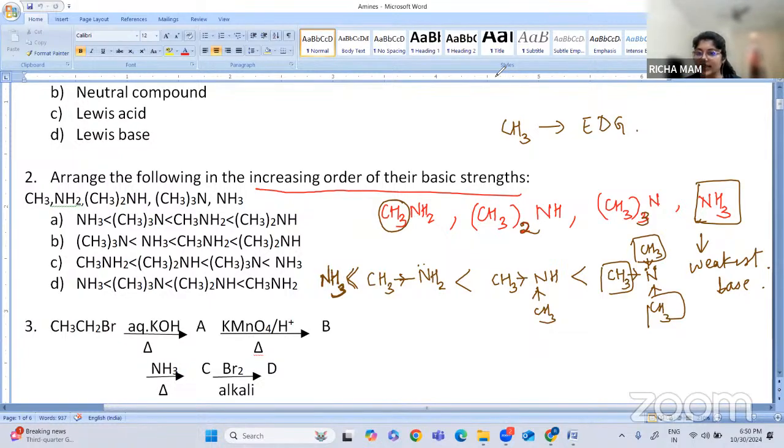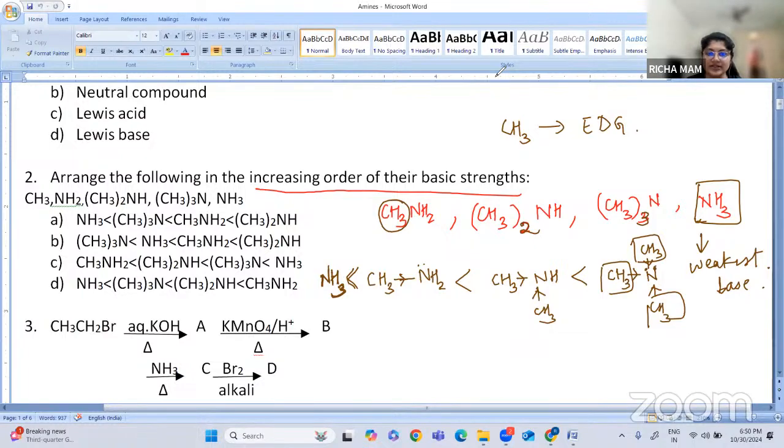From all sides the methyl groups crowd the nitrogen, so it is very difficult for the nitrogen to bond with the H+ ions. The path is blocked, and because of this bulky methyl group, the basicity is decreased.